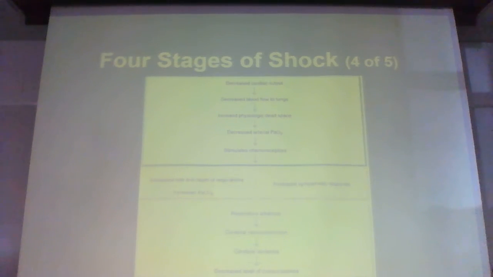It's air that's not getting to the alveoli, or it's getting to the alveoli, but it's not exchanging gases. You can increase dead space with stuff like pneumonia, pulmonary edema, pneumothoraxes, hemothoraxes, pulmonary embolisms. Can pulmonary embolism cause shock? What kind of shock? Obstructive shock, right?